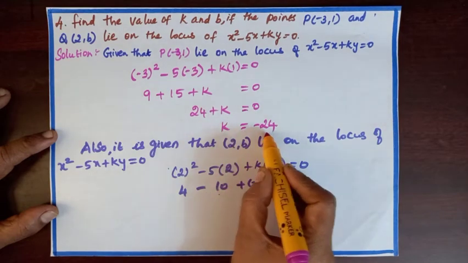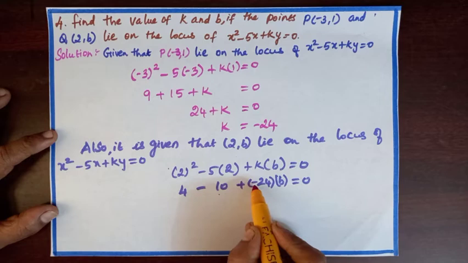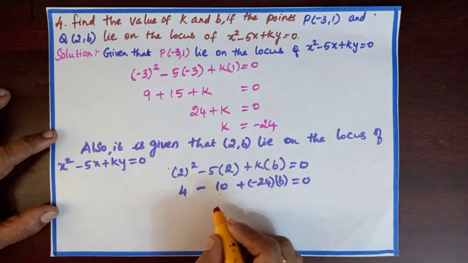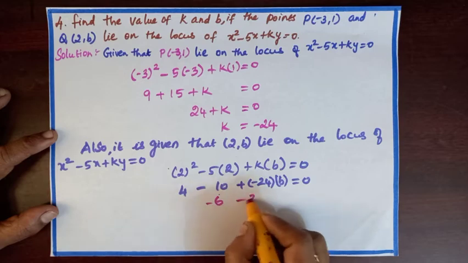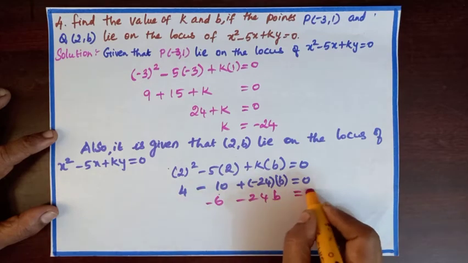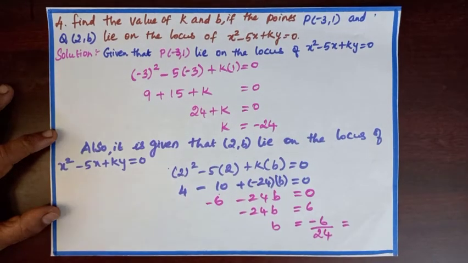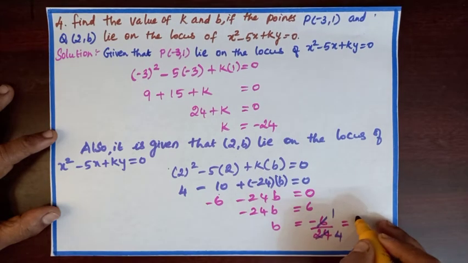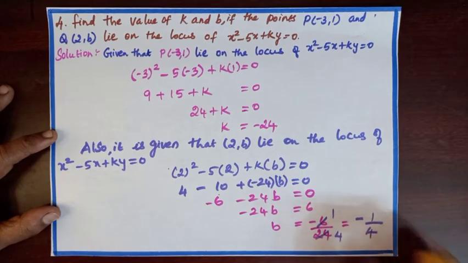We know the value of k is minus 24. Minus 24 into b equal to 0. 4 minus 10 is minus 6, minus 24b equal to 0. Minus 24b equal to 6. Then b equal to minus 6 by 24. Now I am going to cancel by 6, 1 times 4, which is nothing but minus 1 by 4.